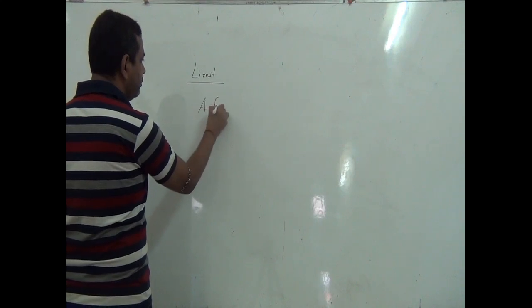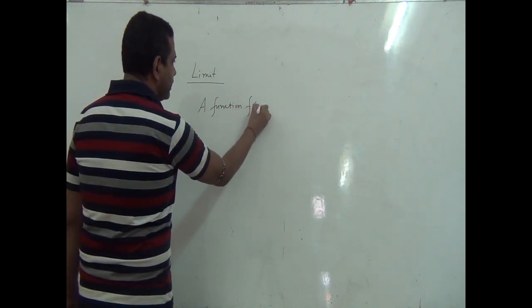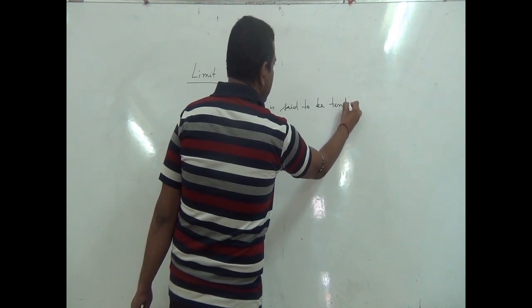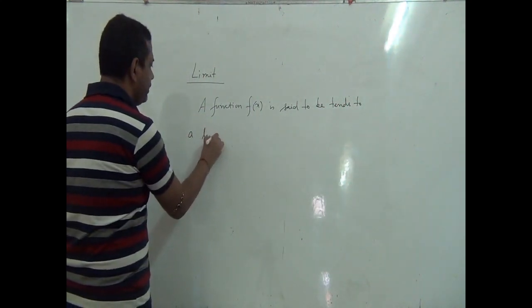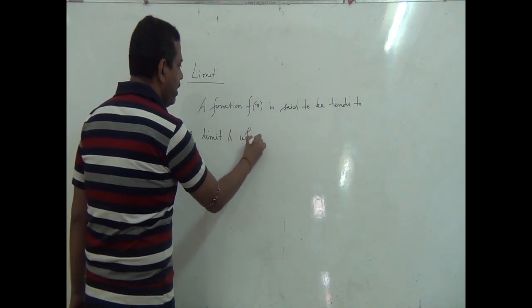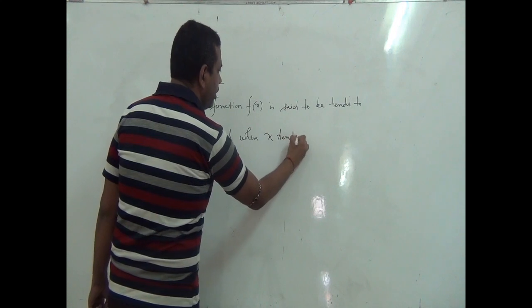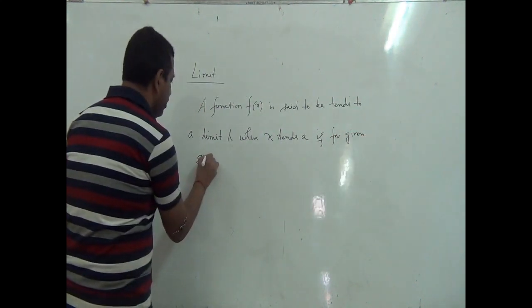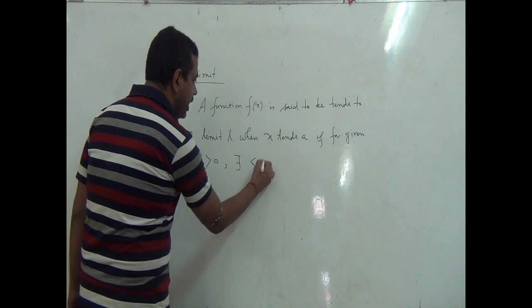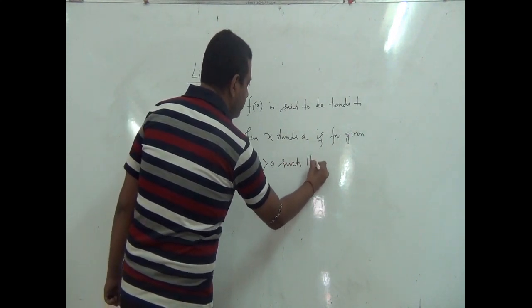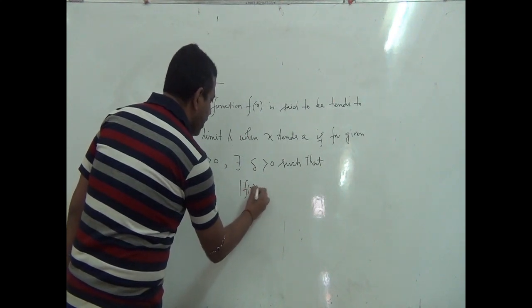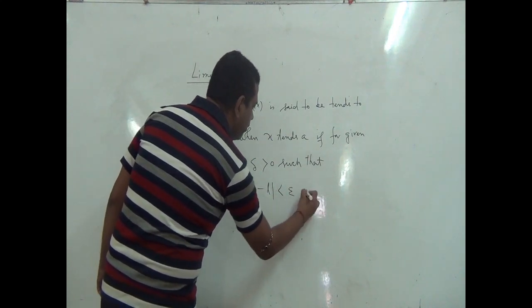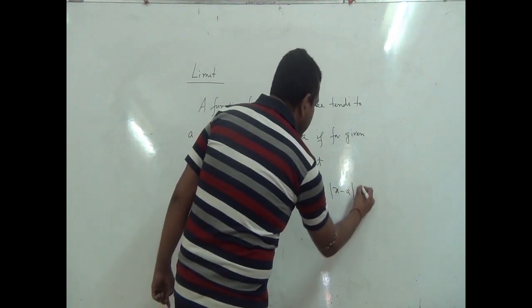A function f of x is said to tend to a limit L when x tends to a, if for a given epsilon greater than 0, there exists delta greater than 0 such that mod of f of x minus L is less than epsilon when mod of x minus a is less than delta.